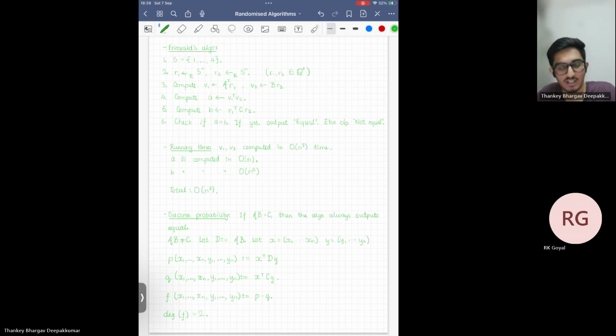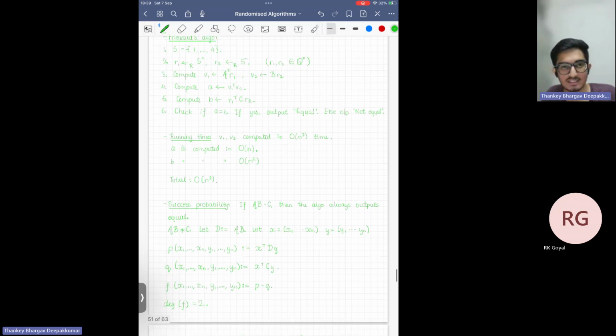This is what happens in every algorithm using PIT: using polynomials and applying Schwartz-Zippel. So the main part is how you model it as a polynomial. For example, over here, the choice of P and Q mattered a lot, right?